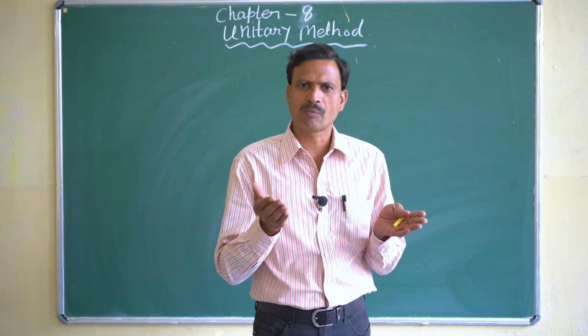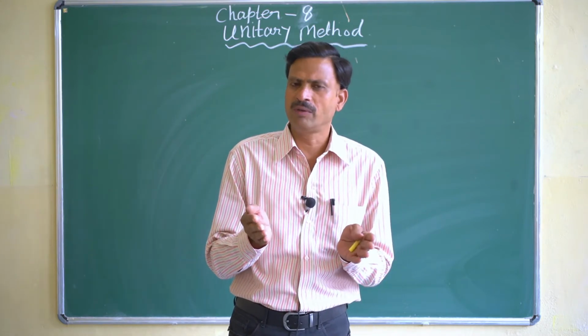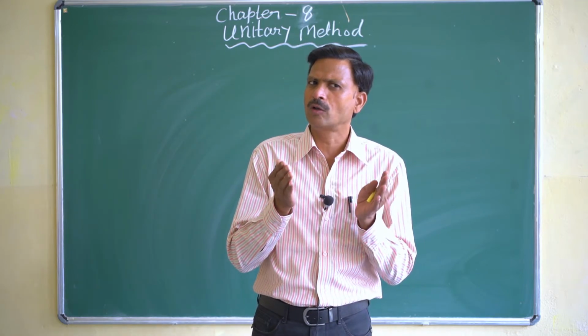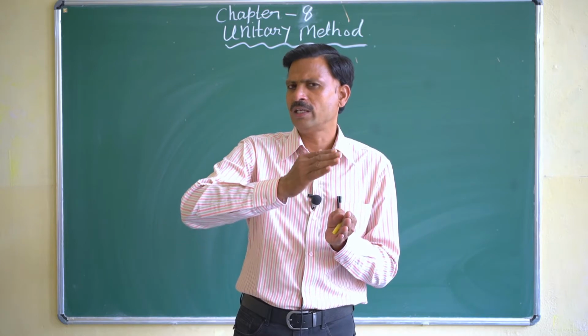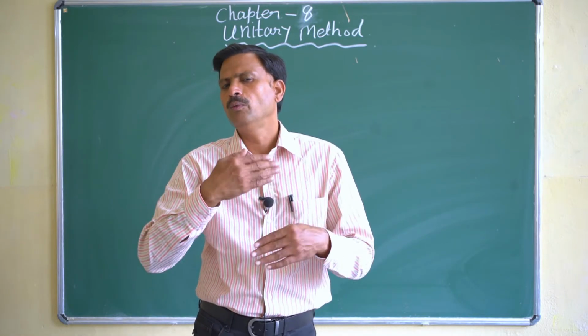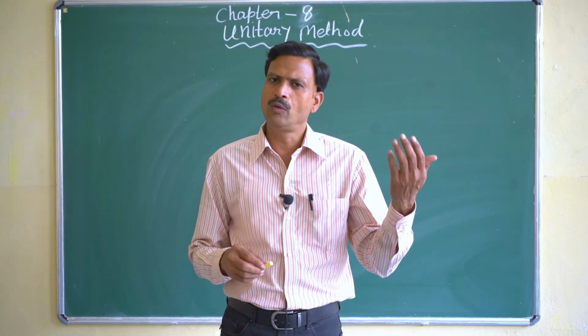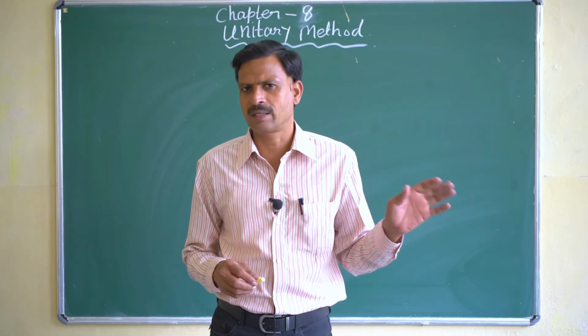First, whatever the question is, we will solve it for the unit. After solving for the unit, we will find the value that is asked in the question. It is given for more or less, it depends on the question.